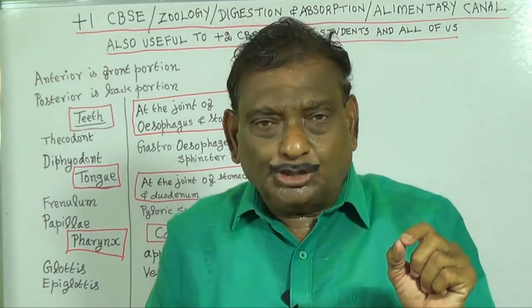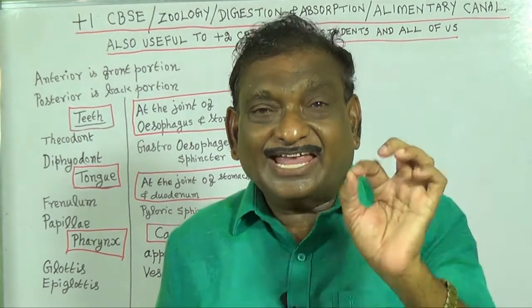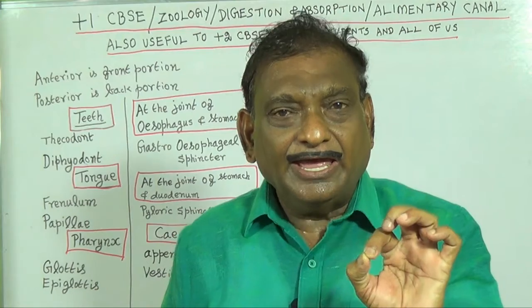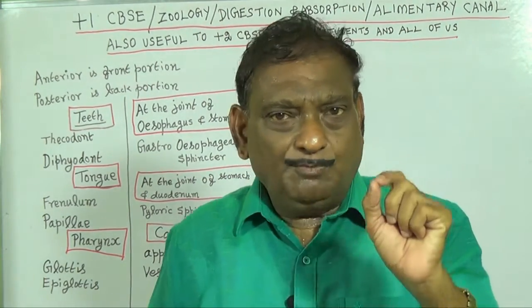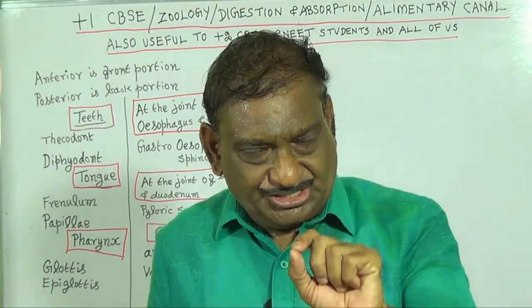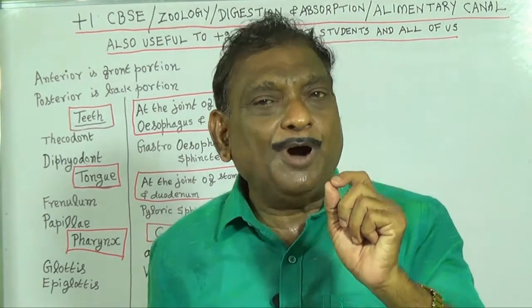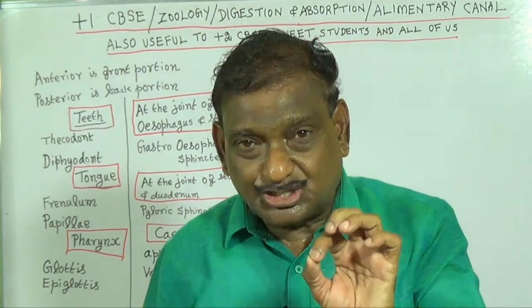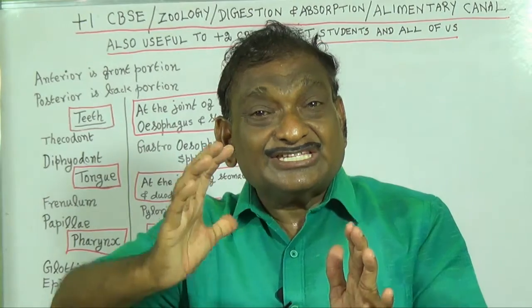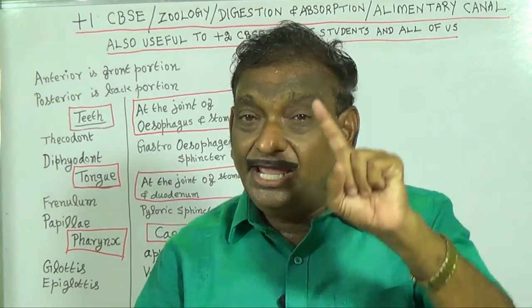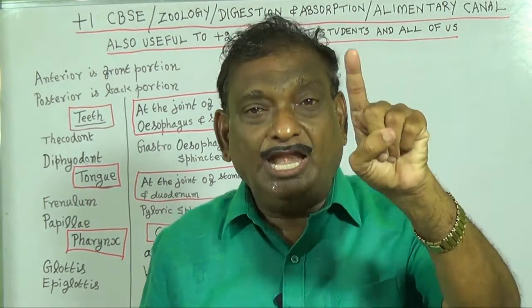Then we are going to discuss about the second layer of the alimentary canal wall. That is about the muscularis. This muscularis is made up of smooth muscles usually arranged in the inner circular layer and outer longitudinal layer.